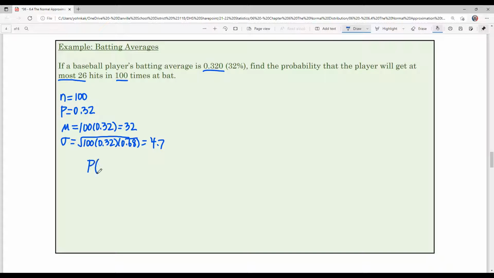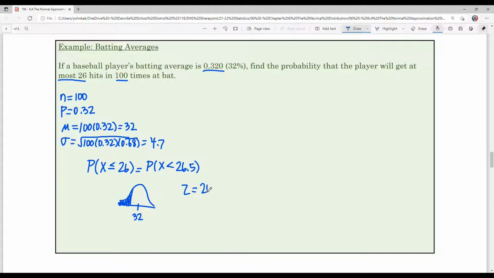This is going to give me a standard deviation of 4.7. I'm looking for the probability that my x value is at most 26, so that means less than or equal to 26. So continuity correction tells me that my x value is less than 26.5. If I draw my picture, I can put my mean 32, and then 26.5 less than would be to the left.